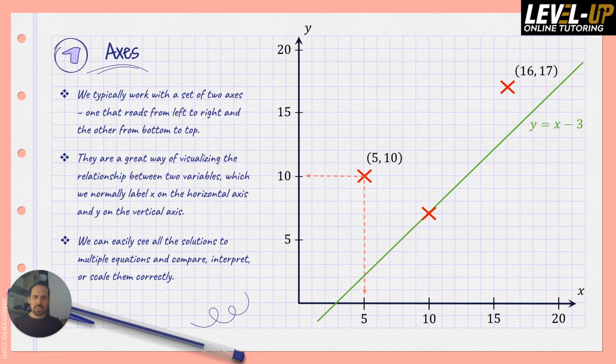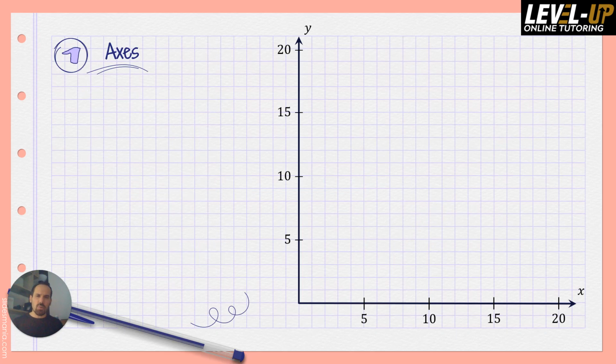So if we take a point like this that's on that line, and we can read it off as 10, 7, you can see that that would be a point on that line because y equals x minus 3. And here you can see 10, 7 basically is 10 minus 3. And you'll see that will be true for any point along that line that you select. So that's fundamentally what a graph is showing, which is important to be aware of because then it makes everything else make more sense.